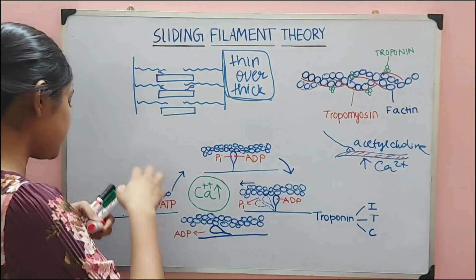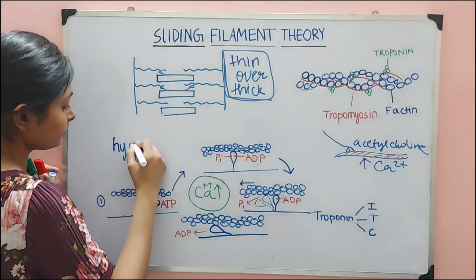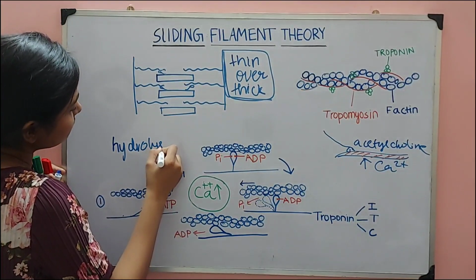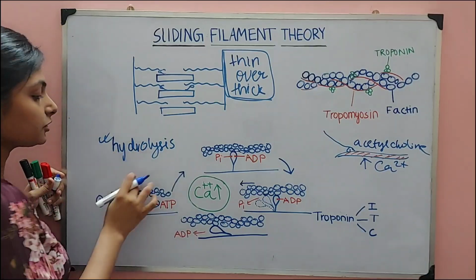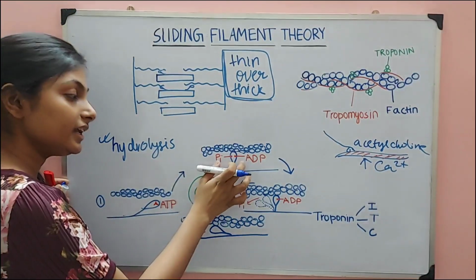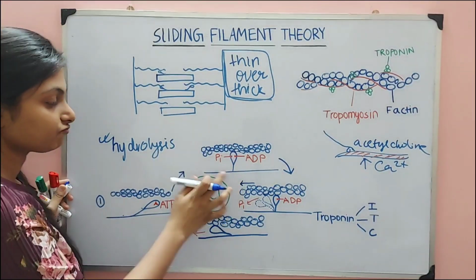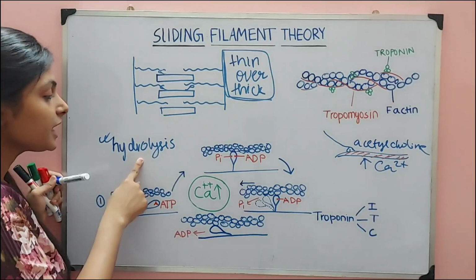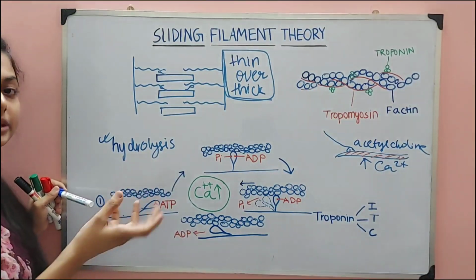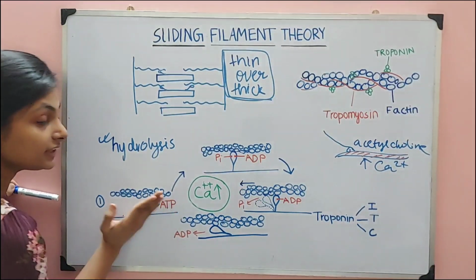Next, what happens is there is a hydrolysis. There is hydrolysis of ATP that results in ADP and phosphate. This ADP and phosphate, they remain attached to the myosin. Whenever there is hydrolysis of ATP, some amount of energy is released, and that energy does what? Decreases the angle.